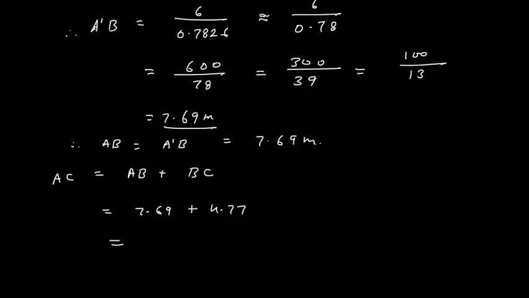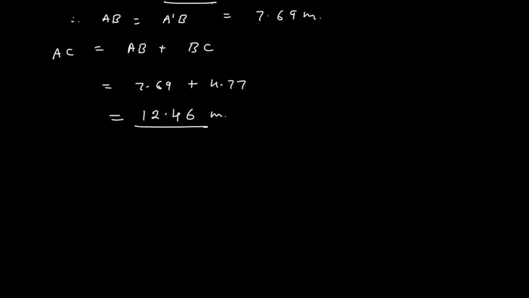So this addition: 9 plus 7 is 16, 6. Then 7 plus 7 is 14, 1 carry, 7 plus 5 is 12. So 12.46 meter.